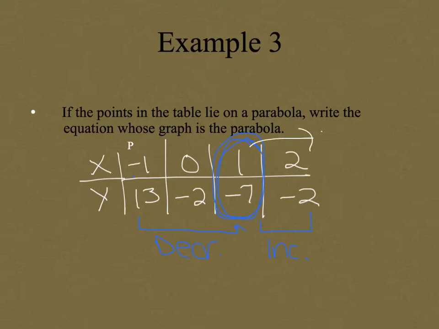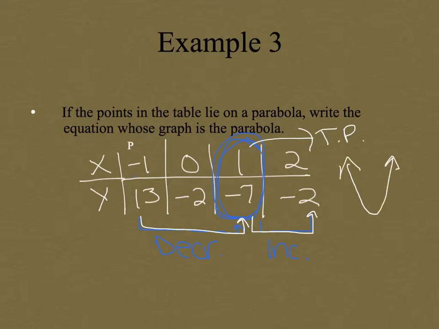I know this is a turning point because the y-coordinates in my table are switching from a decreasing pattern to then starting to increase from there forward. Since I'm going from a decreasing pattern to an increasing pattern, we know our vertex is at a minimum.